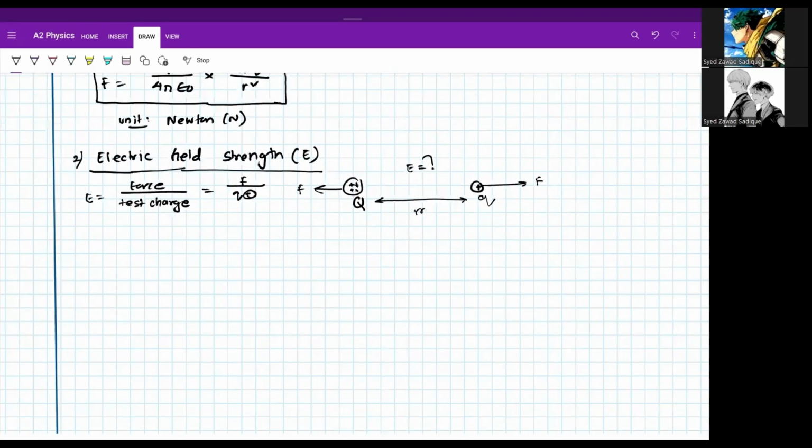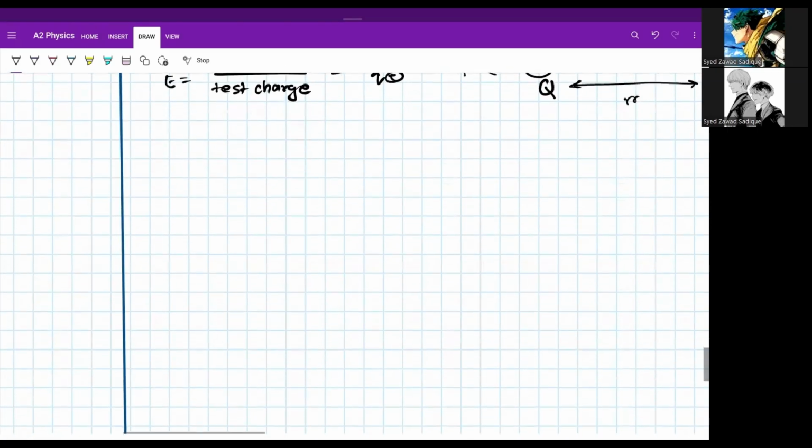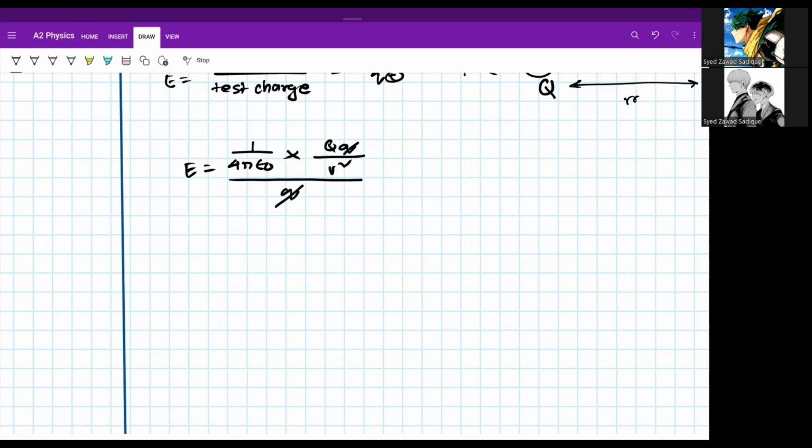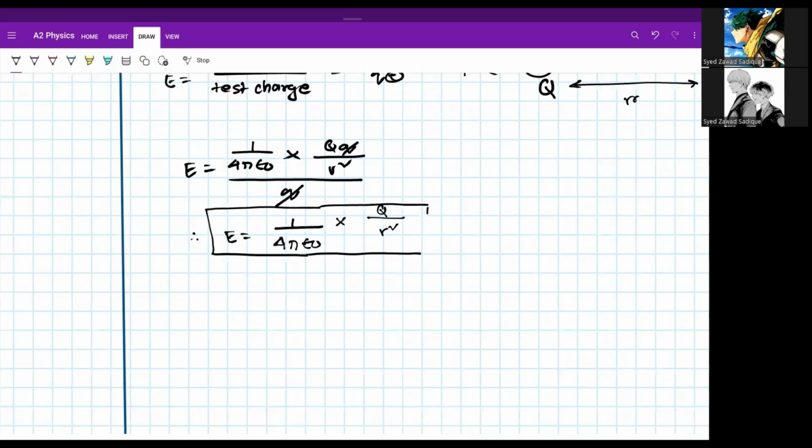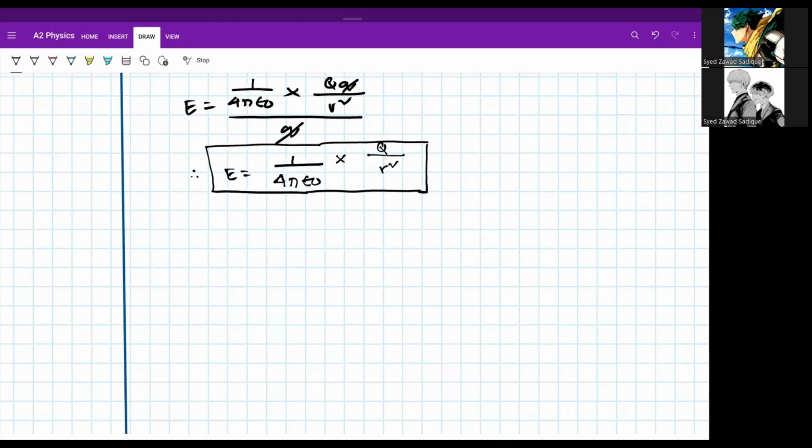We know E is equal to 1 by 4 pi epsilon naught times Qq by r squared, divided by small q. The q's cancel out. Therefore, E is equal to 1 by 4 pi epsilon naught times Q by r squared. The unit is Newton per coulomb.